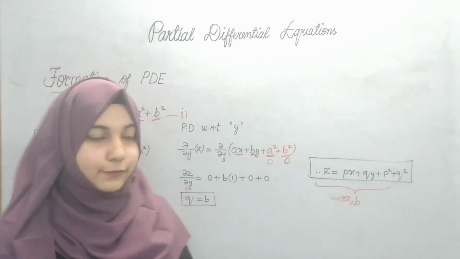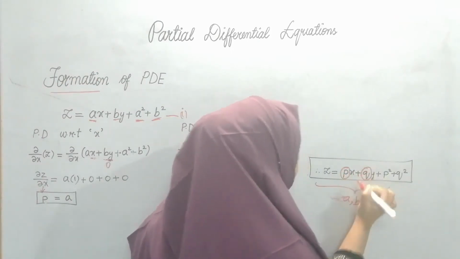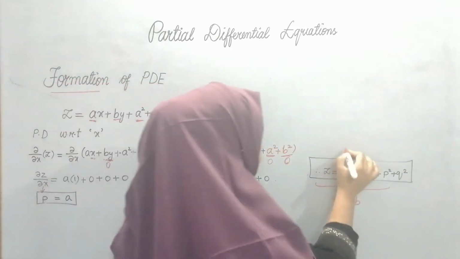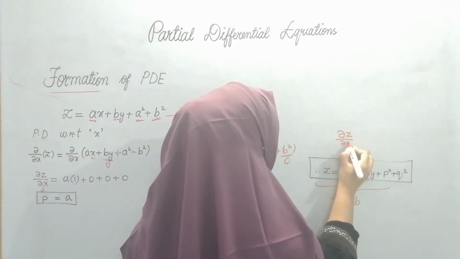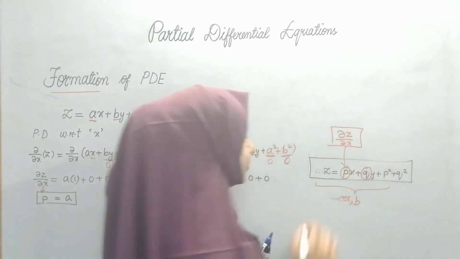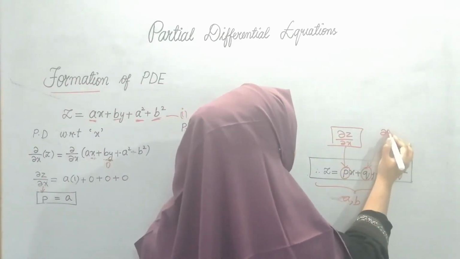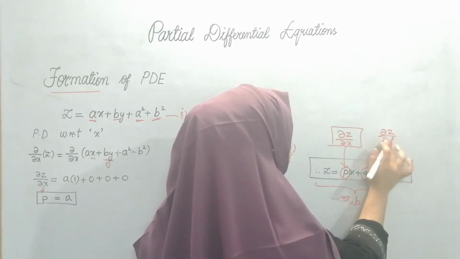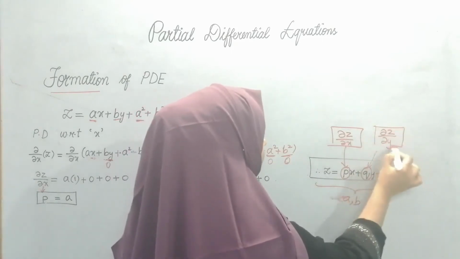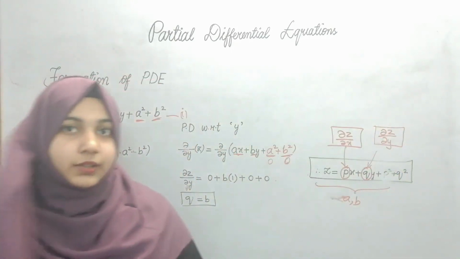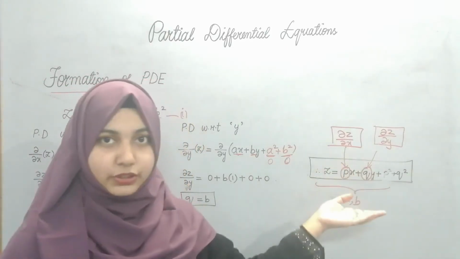How is the partial differential equation formed here? This p is nothing but dou z by dou x, a partial derivative, right? And q is dou z by dou y, this is also a partial derivative, right? So by eliminating a and b, I formed my partial differential equation.